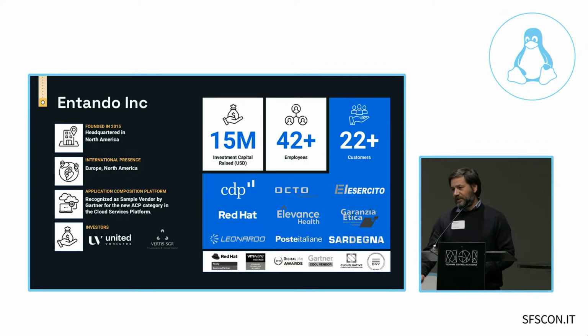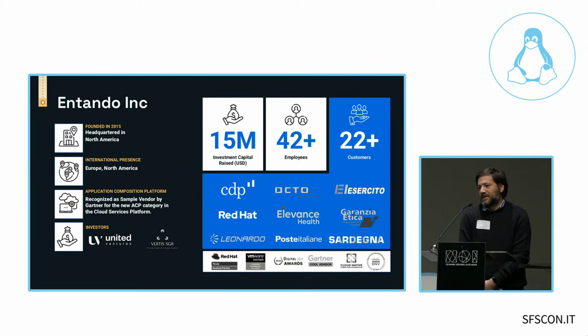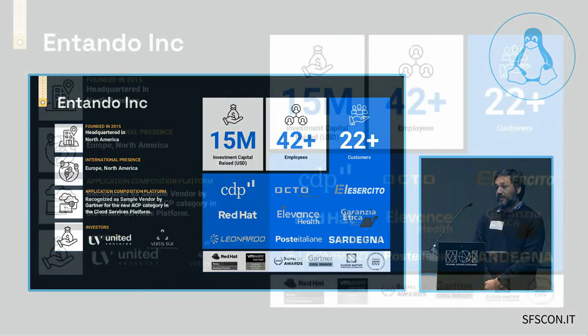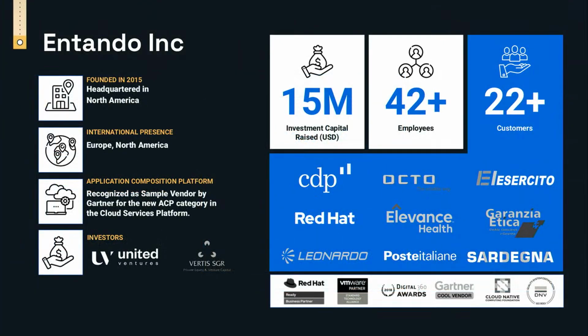So a few words about the company. We are a startup that has grown in the last 10 years, more or less, and recently has been really focused on the application composition topic. Gartner has recognized this company as one of the sample vendors of this new market that is application composition.